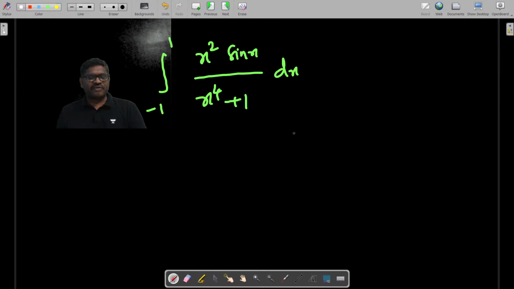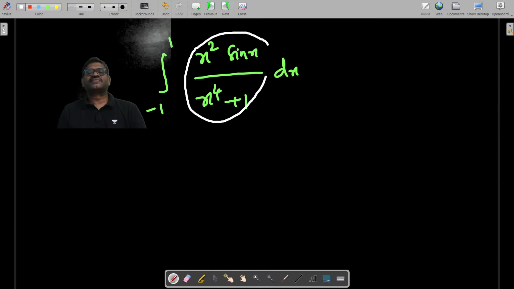See, whenever limits are from minus a to plus a or minus L to plus L, first we have to check whether the integrand is an even function or an odd function.